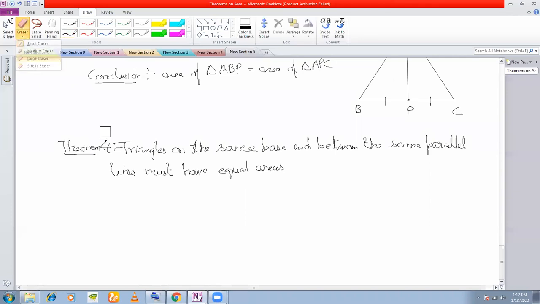Let me write this here. But what do you mean by between the same parallel lines? That is, they have the same height, right? They have the same altitude. They have the same height. Must have equal areas.